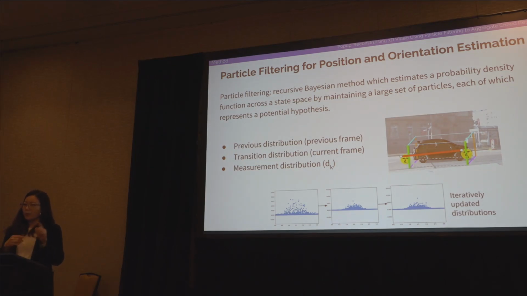And we used 3 distributions, and one of them was the measurement distribution, which is computed by comparing the hypothesis 3D state and the actual dimension line, and computing the error. It updated the next hypothesis.